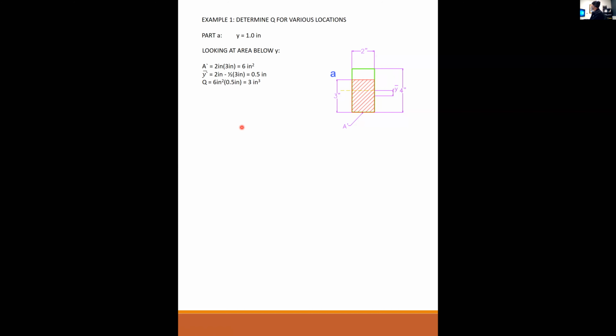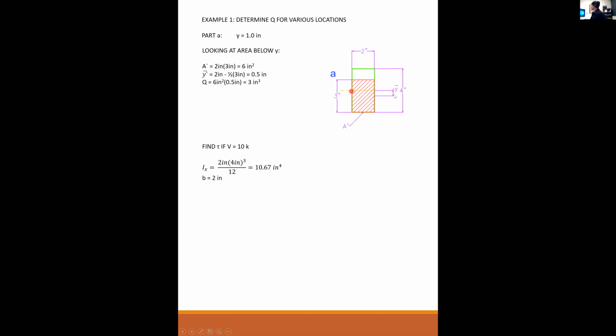And this is a great way to check your work, because if you get a different Q from above or below, then something has gone awry. So if the shear at this location is 10 kips, then we can find tau, the horizontal shearing stress. The moment of inertia of our friend, the 2x4, is still 10.67.